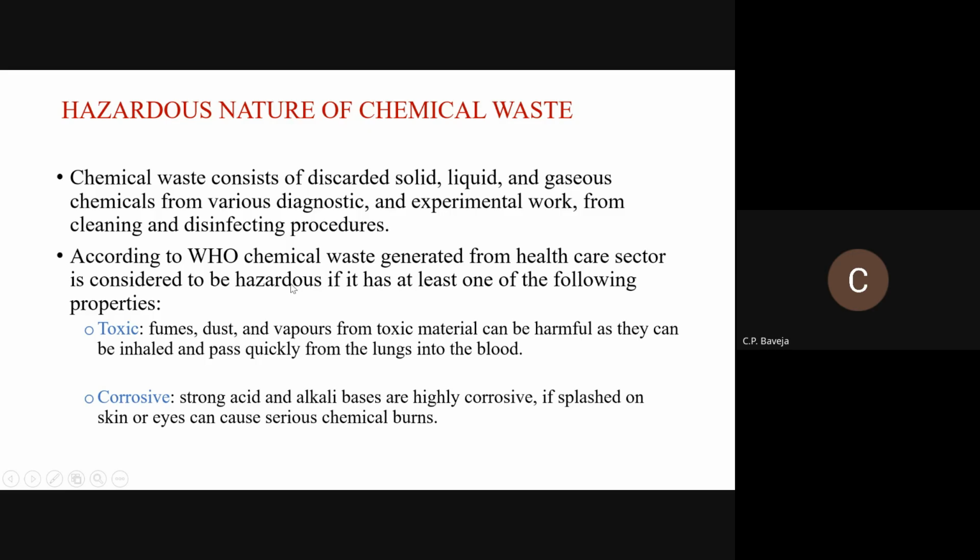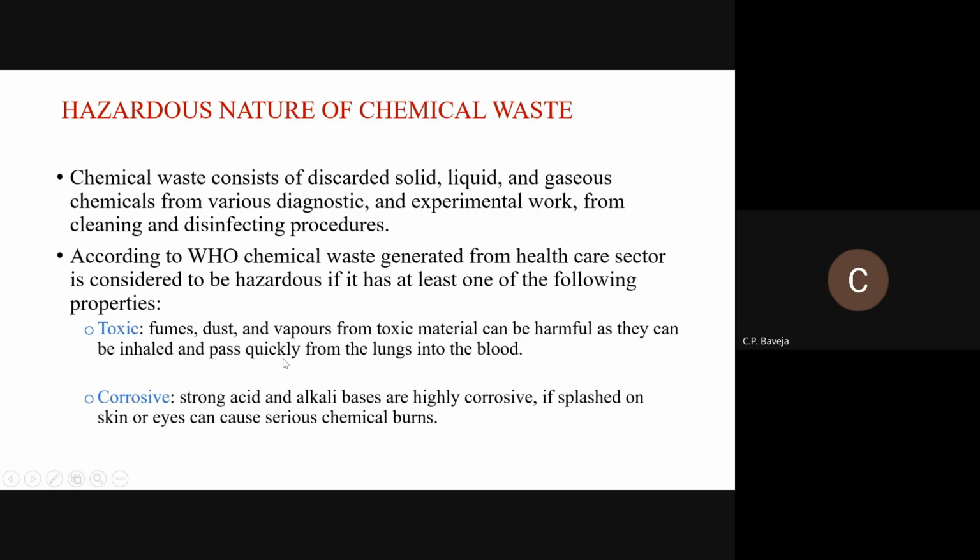It is hazardous if it has at least one of the following properties. So when should it be hazardous? Number one, toxic. Fumes, dusts, and vapors from toxic material can be harmful as they can be inhaled and pass quickly from the lungs into the blood.